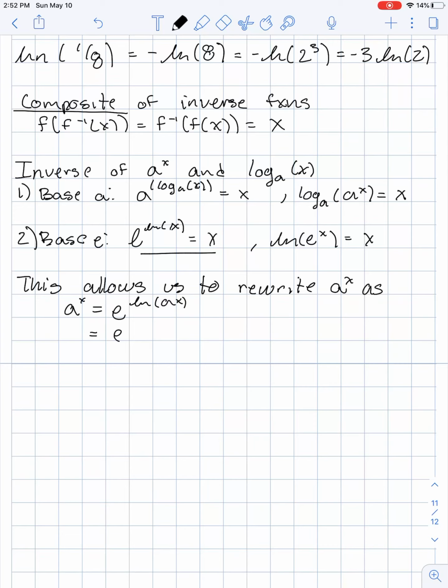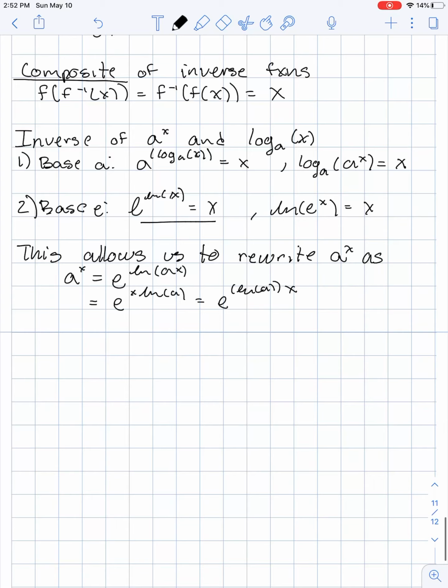We're using this right up here. Well, then a is raised to the x power, so using log rules, the power rule, x is going to come out front. I'm going to have ln of a. And I can rewrite that nicely. Since ln of a is just a number, x is my variable, so I usually like to write ln of a as the coefficient of x.